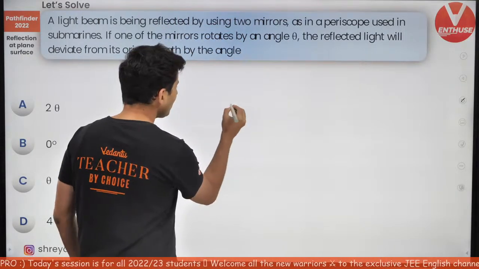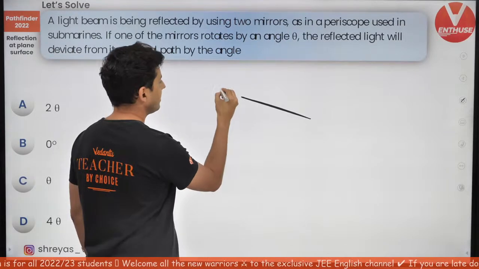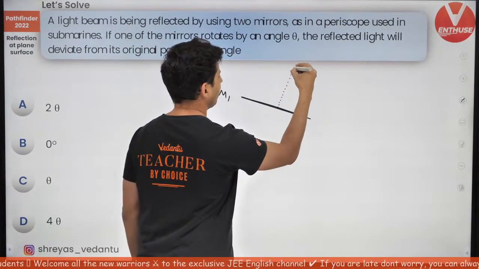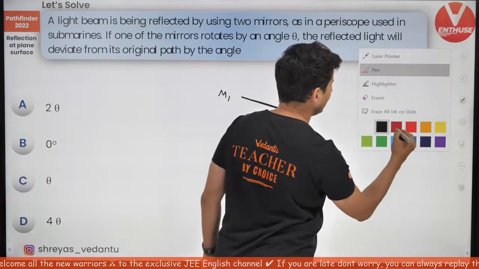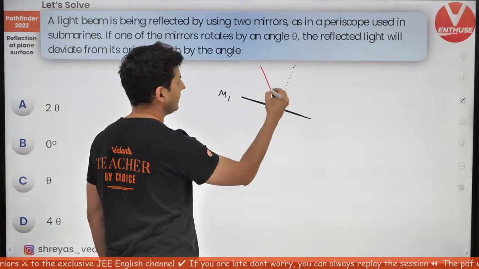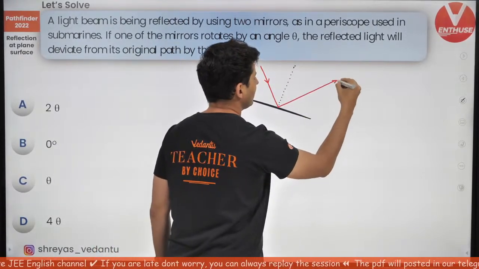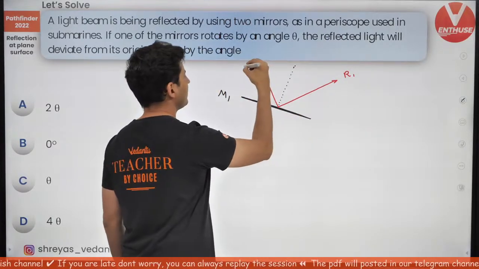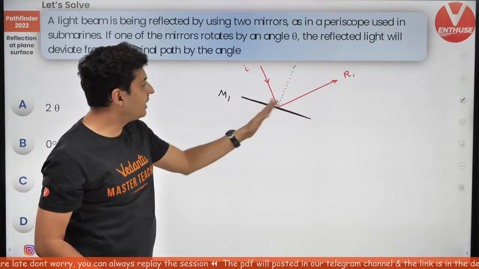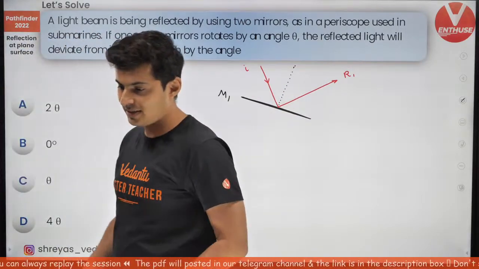Imagine this was the mirror in the first position. Let me just show you the normal right over here. And this is how the light is incident. It's coming like this and it is getting reflected. This is the first case. This is the incident ray. If you rotate the mirror, what will happen to the reflected ray? That's the question.